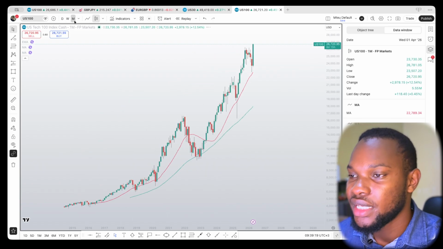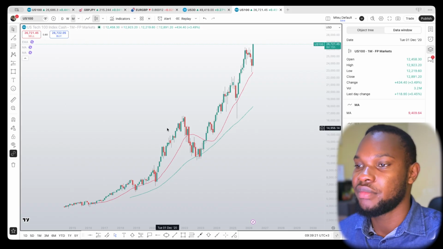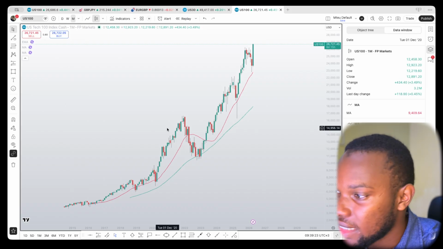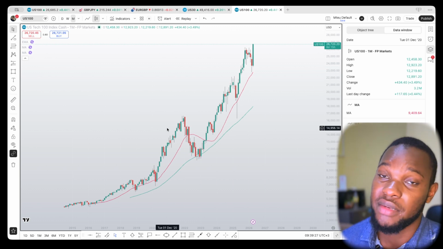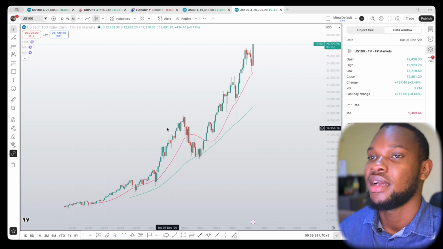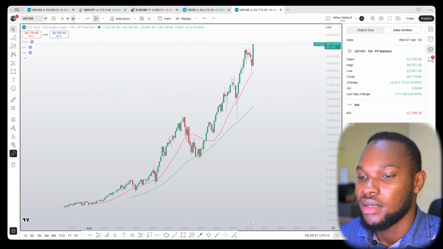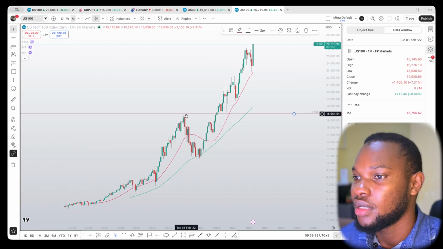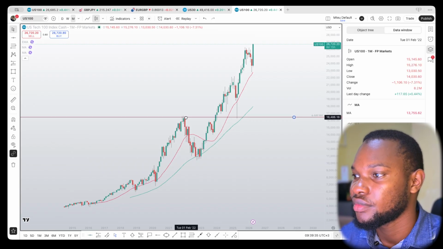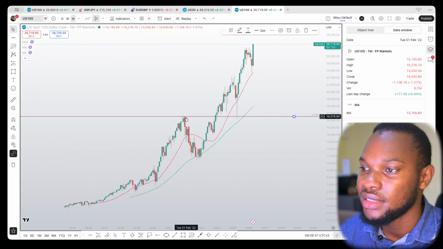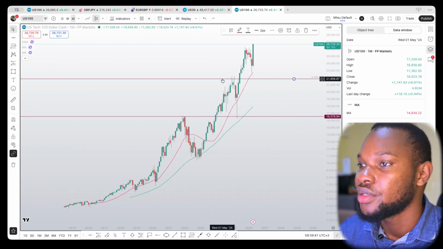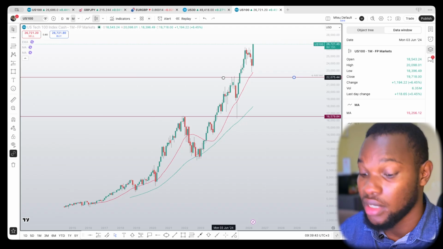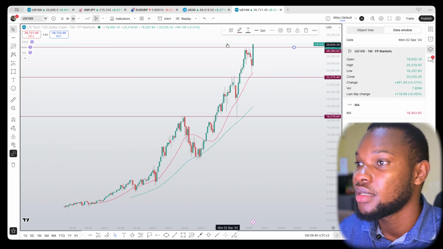We try to identify key levels where the price is most likely to react, which you might call support or resistance. I'll use this tool to draw here. 16,600 is a good key level.